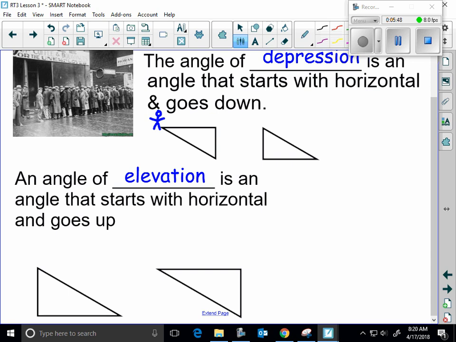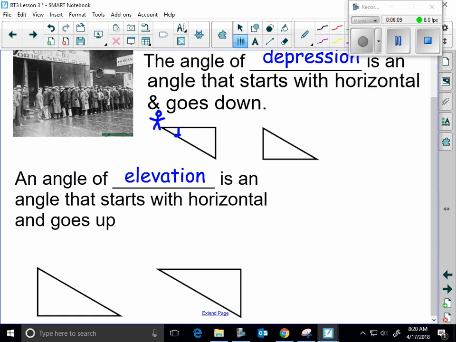I would typically, my chin wouldn't be uplifted. I would be feeling maybe a little down. So I'd be looking down toward the ground, right? So my gaze, instead of parallel to the ground, would be downward a little bit. That's an angle of depression.